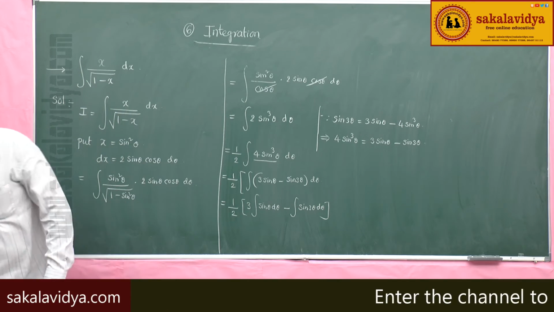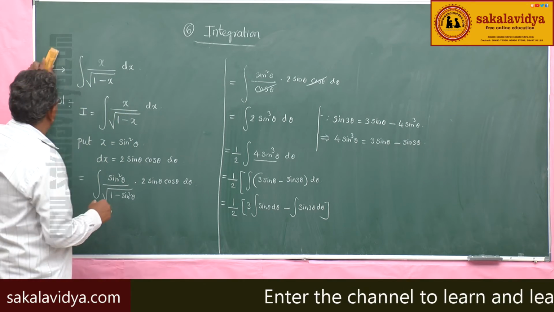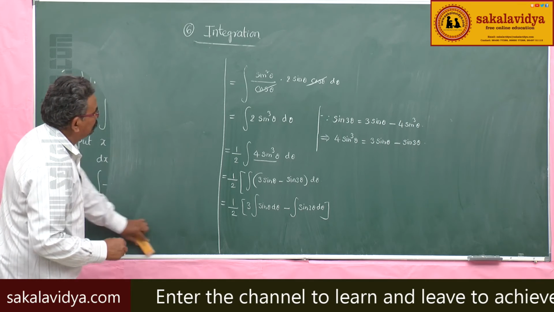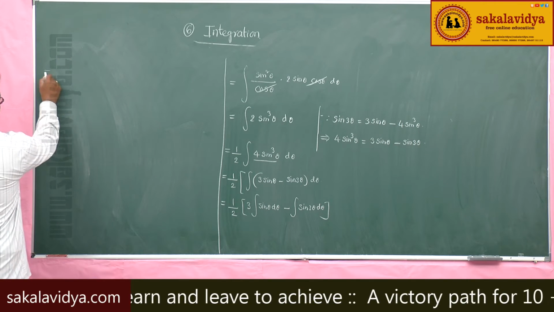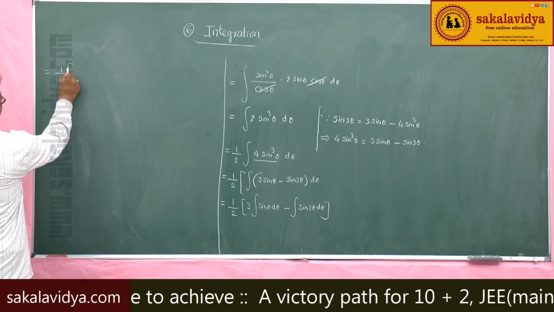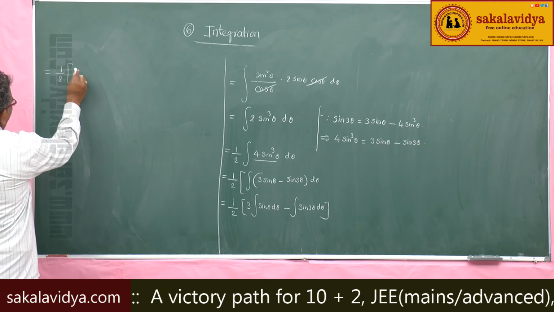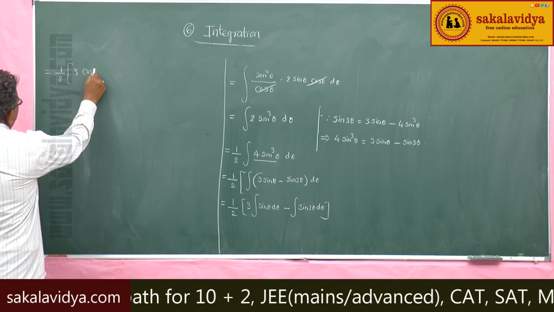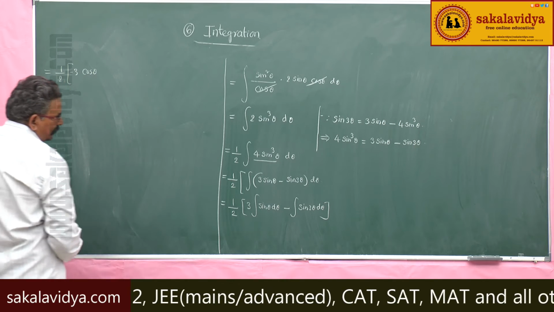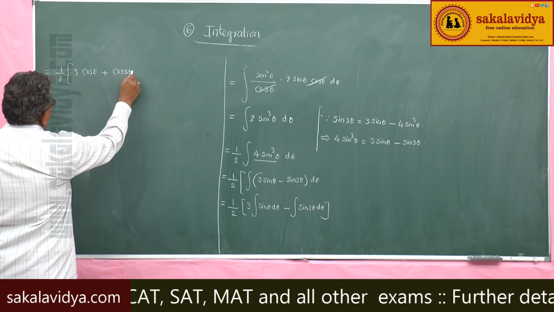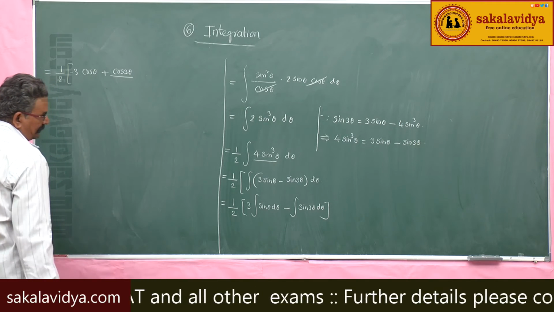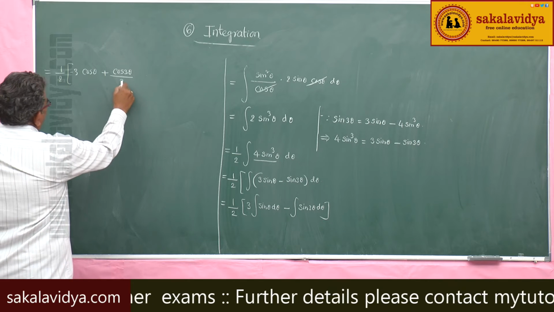Now half of 3, minus cos theta, but minus, plus cos 3 theta by 3.